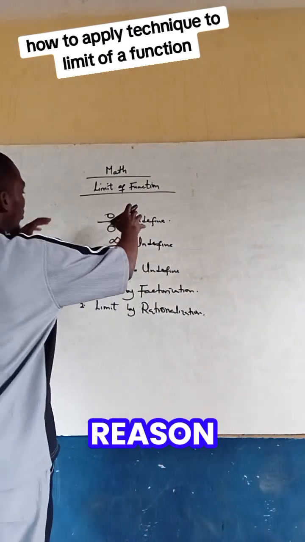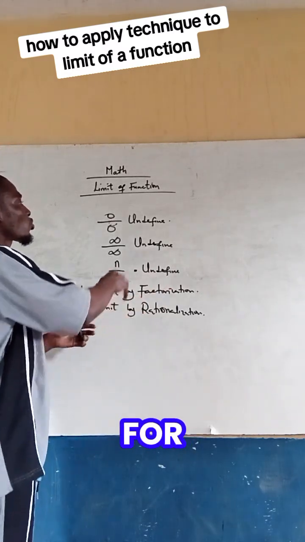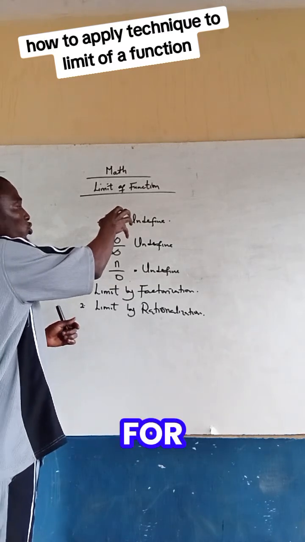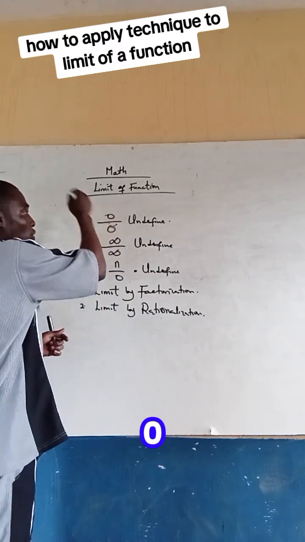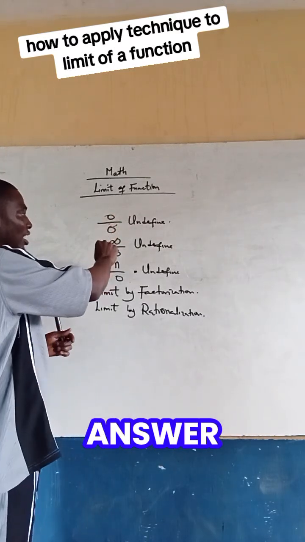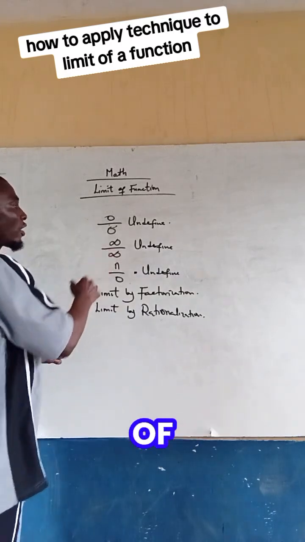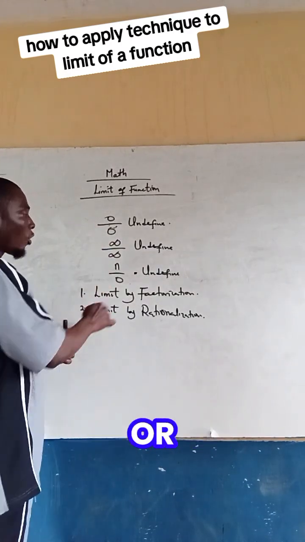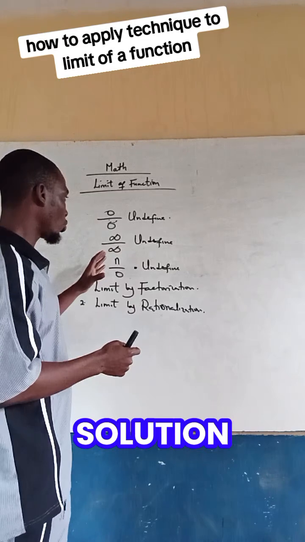So the reason why we are using the techniques of limit is for some problems whereby we are having 0/0 at our answer, or infinity over infinity at the end of our solution, or n over 0 at the end of our solution.